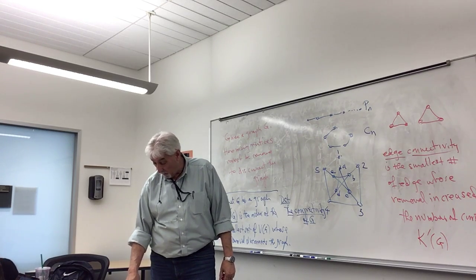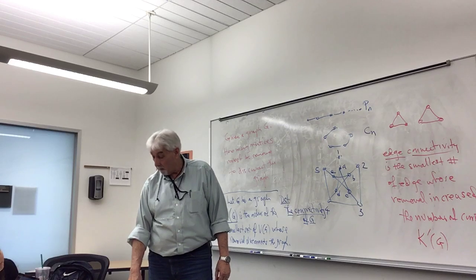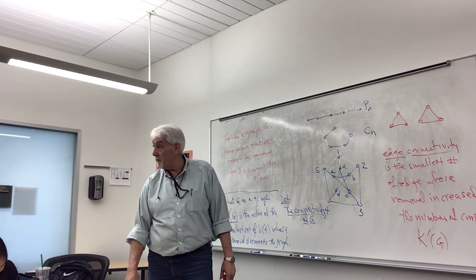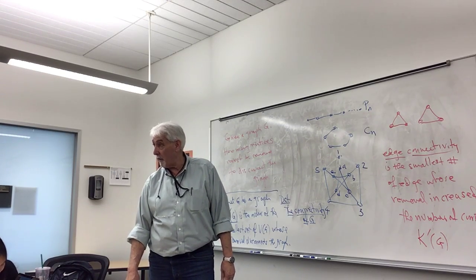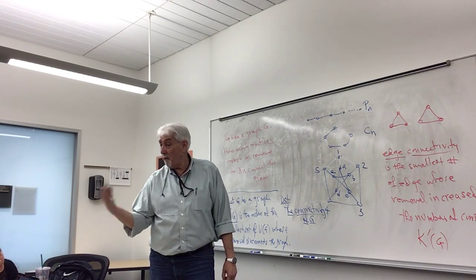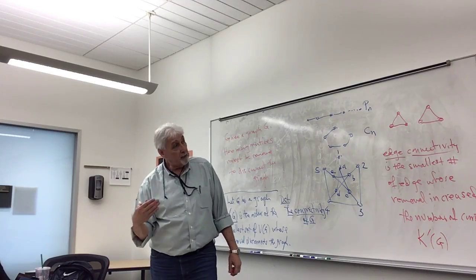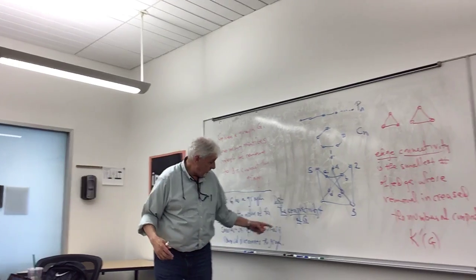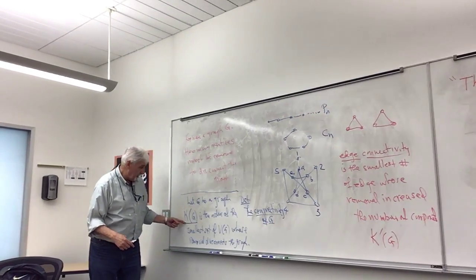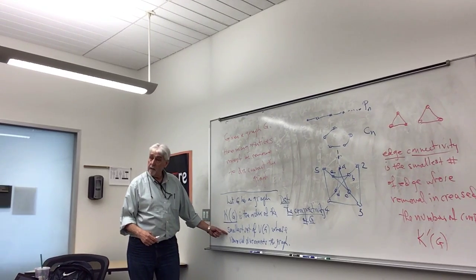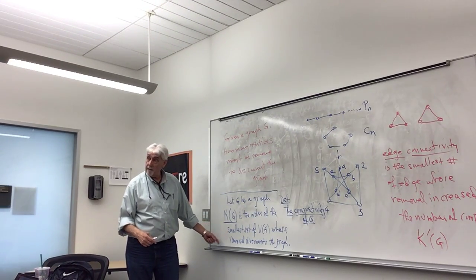In other words, when I remove W, B, and U, we have a disconnected graph. Turns out very disconnected, in fact, 3 different components. Theoretically, we're not done, because we have to show that that's the smallest number. Notice it's the order of the smallest set whose removal disconnects the graph.